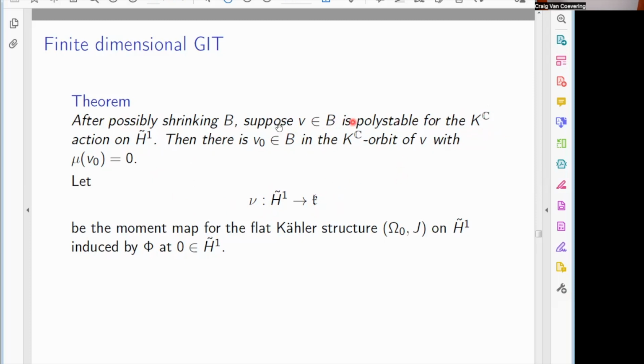But nevertheless, you can still prove that you have the linear action of this complexified group. If the complexified orbit is locally closed, that means that the point is polystable.